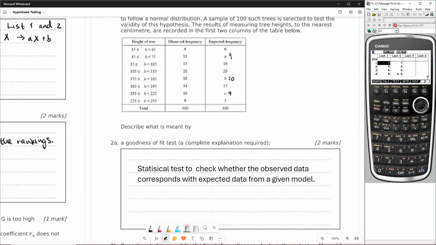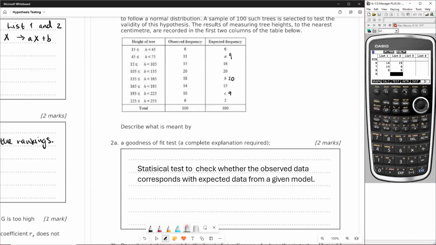Okay. So the first list is going to be our observed frequencies, and that's 6, 11, 15, 20, 14, 10, and 6. And our second list is going to be the expected frequencies 6, 9, 16, 20, 20, 15, 9, 5.